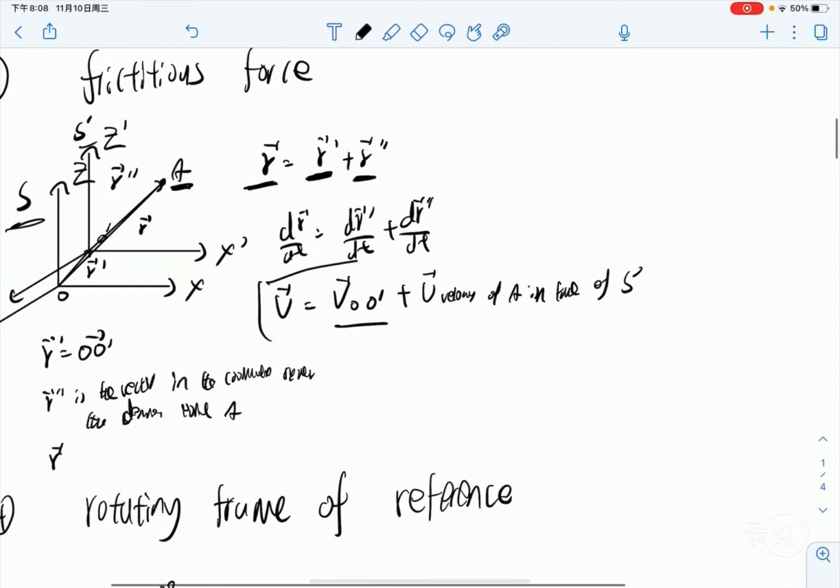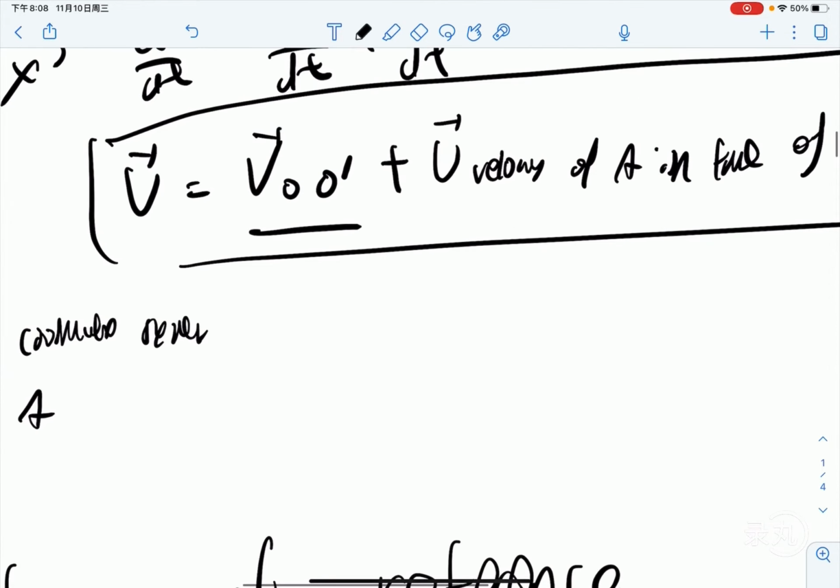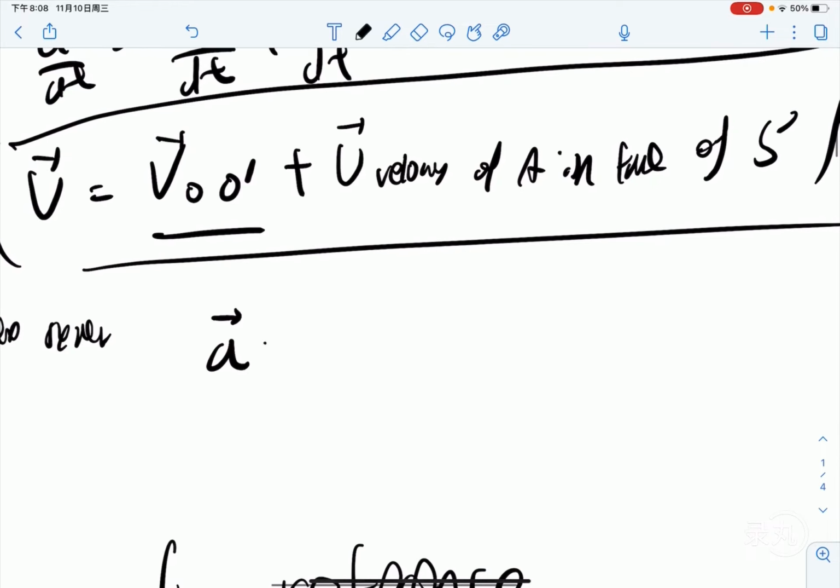Remember this fact, it's pretty important. So if we take the derivative again, we can see that the acceleration is equal to A plus A relative.